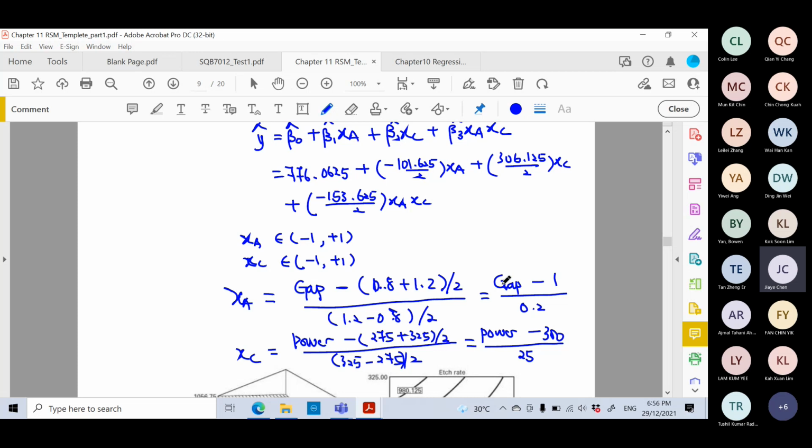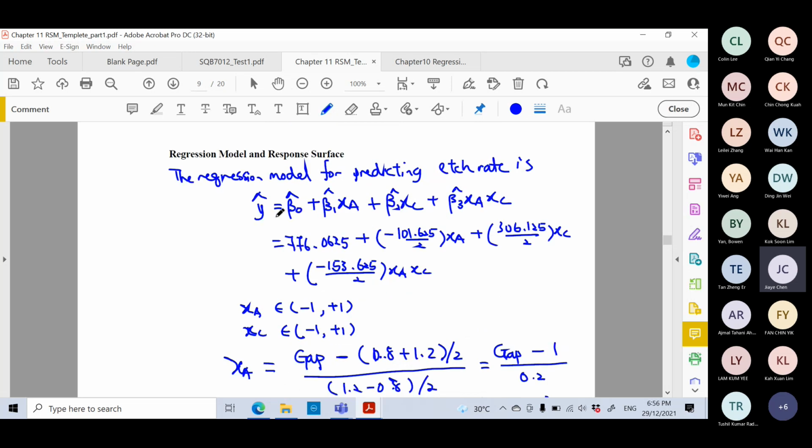You use 0.8 minus 1 divided by 0.2, and you get the answer of minus 1. You substitute the gap with the high level 1.2, and you get the answer 1. So it means the conversion is correct for both of them.